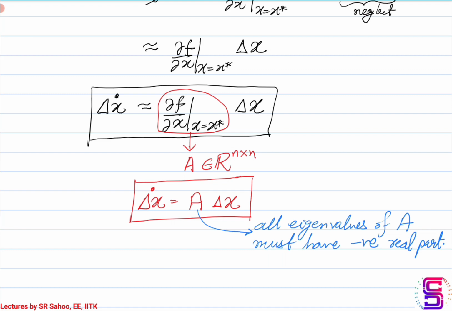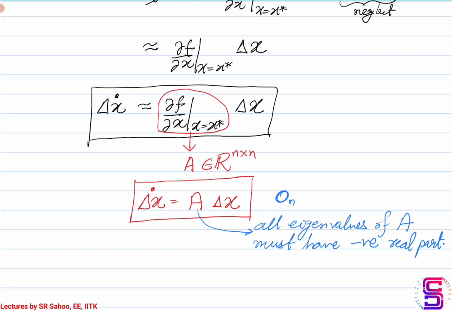Please notice that this is a linear system. This is the linearized information about the nonlinear system x dot equal to f of x. The equilibrium point whose stability is being studied for this linear system is the zero equilibrium point, which is 0 n. The stability information of the zero equilibrium point for this linear system will give information about the equilibrium point x star that we have for the nonlinear system.